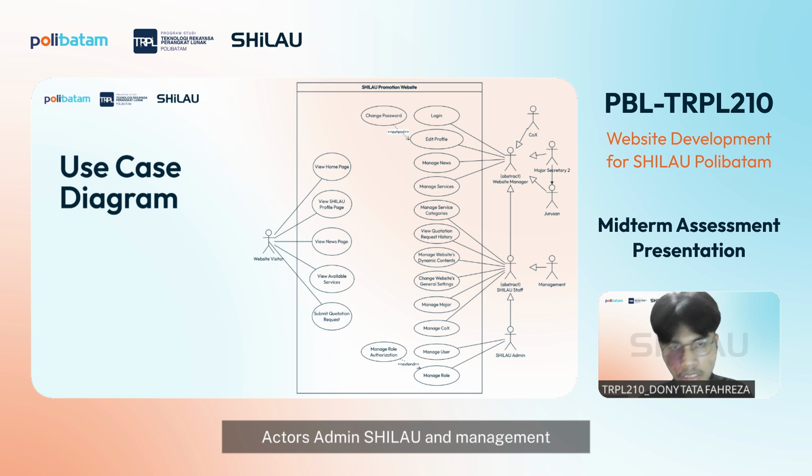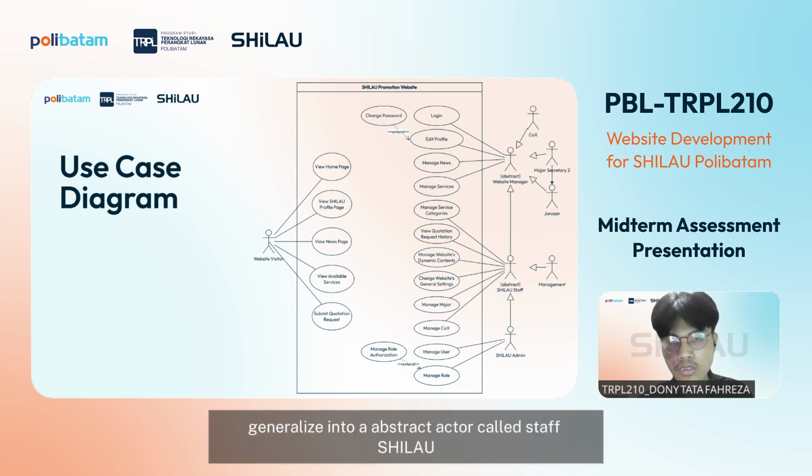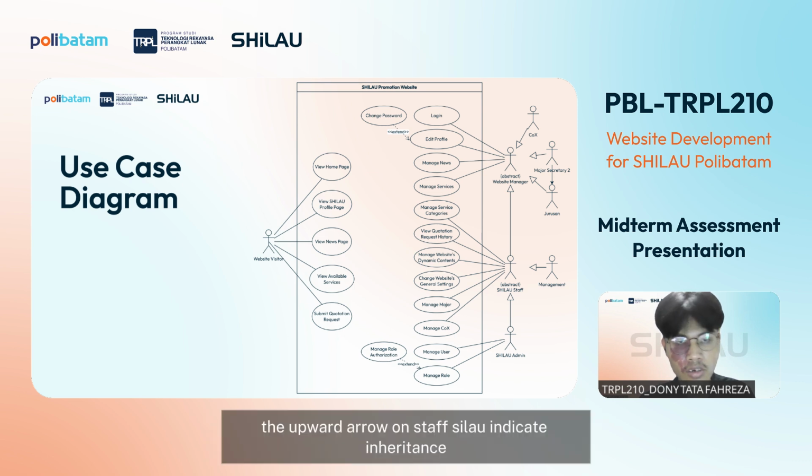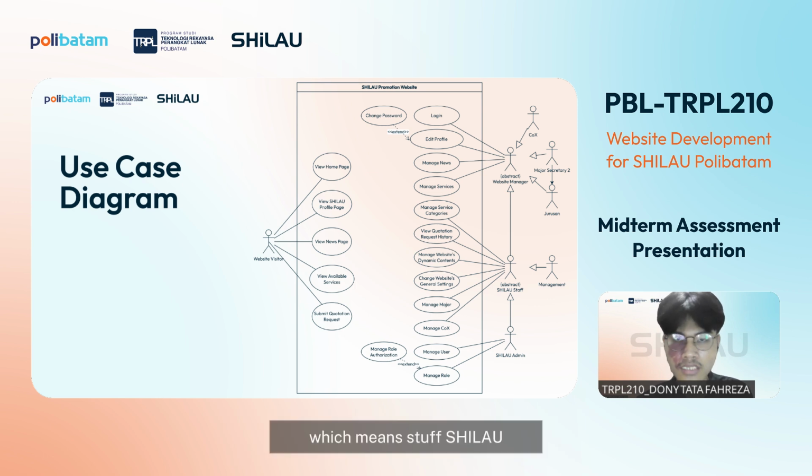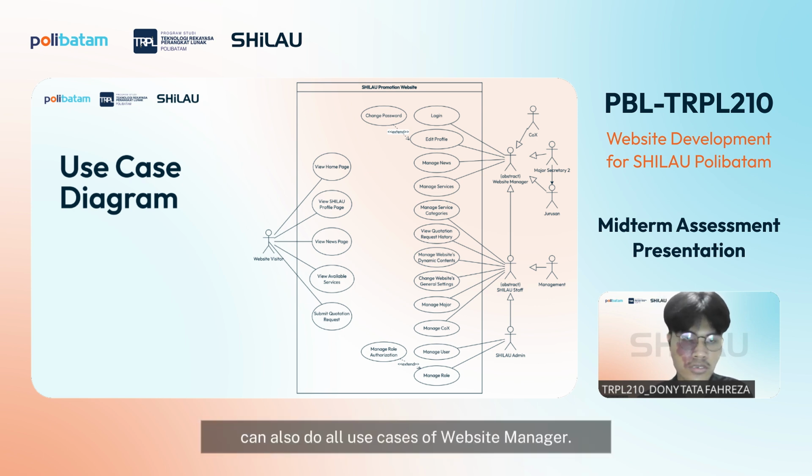Actors admin SHILAU and management are generalized into an abstract actor called staff SHILAU. The upward arrow on staff SHILAU indicates inheritance, which means staff SHILAU can also do all use cases of website manager.